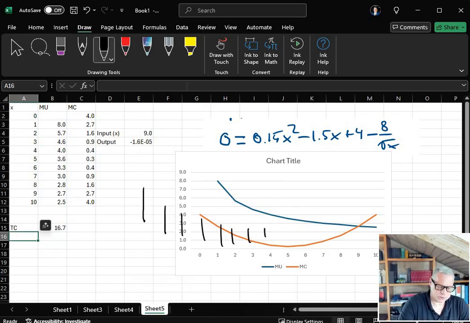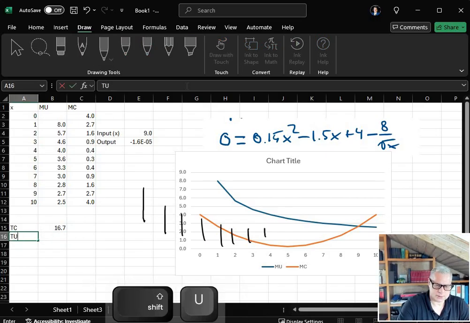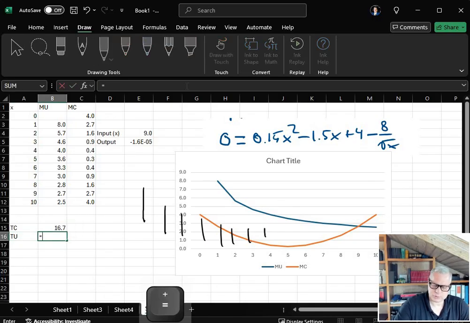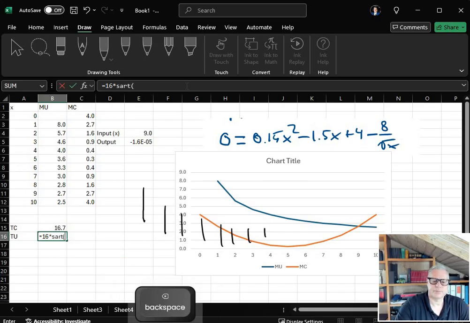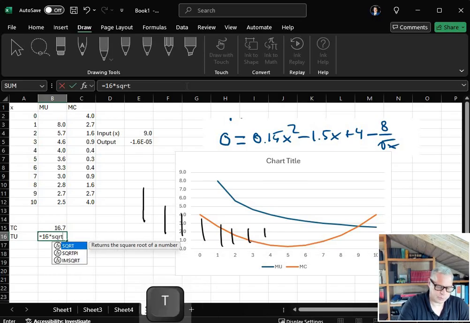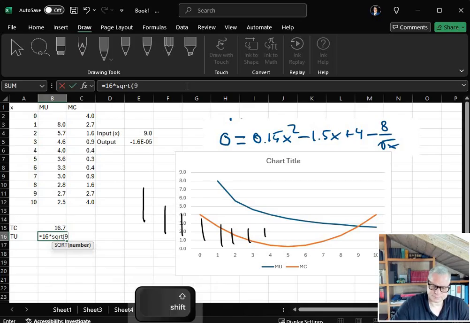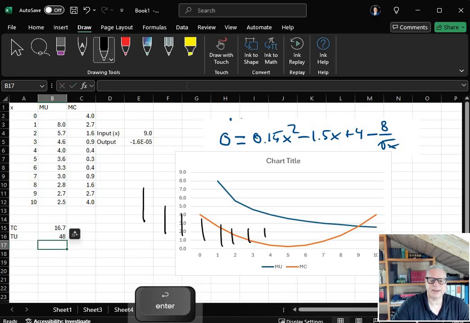And what is the total utility? The total utility was equal to 16 times the square root of 9. So that's 48.